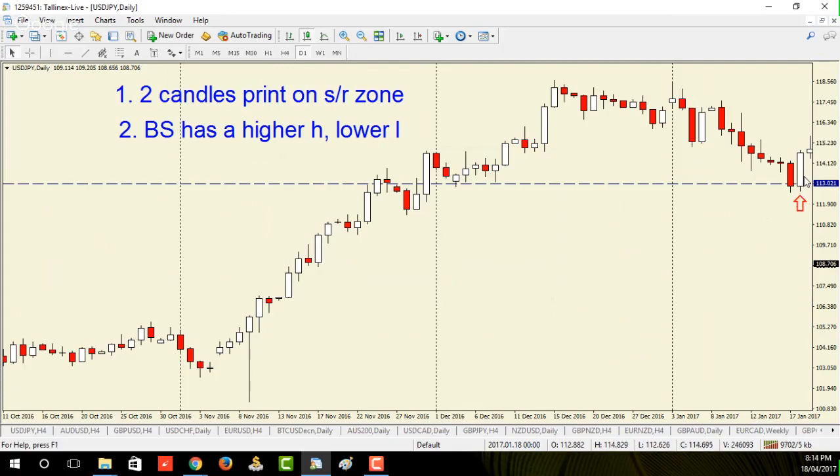I want my signal candle to go down there and cash them all in and stop them all out and rocket back up. The big shadow candle itself, which is what I'm calling this big white candle, the previous candle doesn't really have a name. It's just the previous candle. But if the big shadow itself does not have a higher high and a lower low, then it's no good.